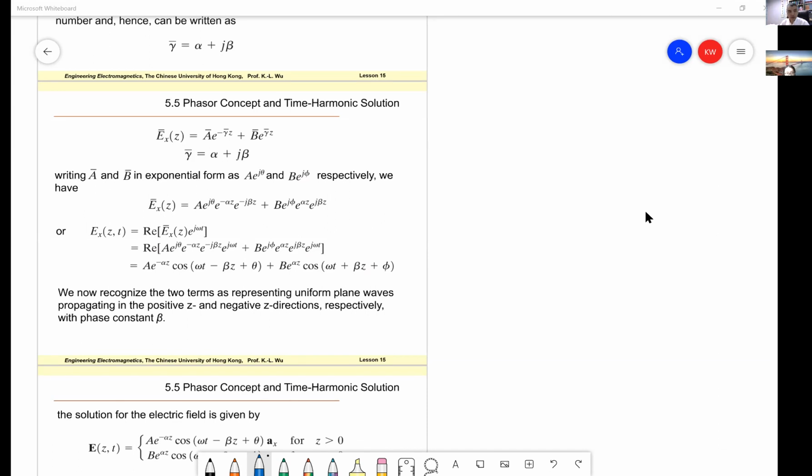Okay, let's briefly review what we had yesterday. We introduced the concept of phasor, right?